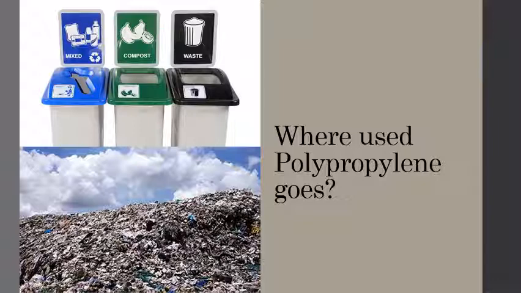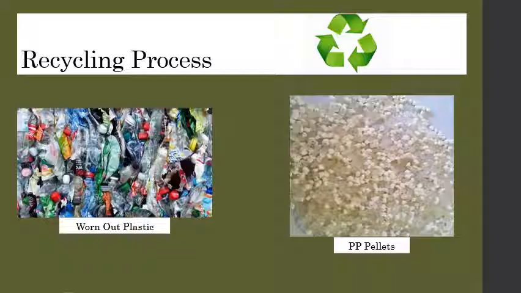Polypropylene packaging materials, for example, have a short lifespan and end up in most landfills, where it takes anywhere from 20 to 30 years for the material to fully decompose. There are 5 basic steps to effectively recycle polypropylene, and they are collection, sorting, cleaning, melting, and lastly, produce new materials.